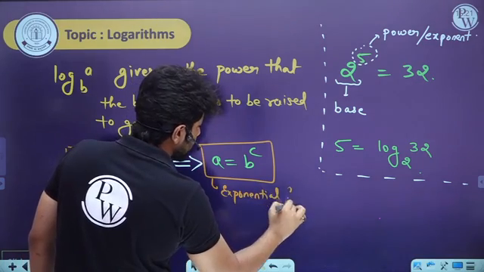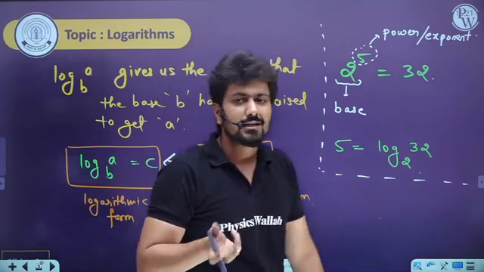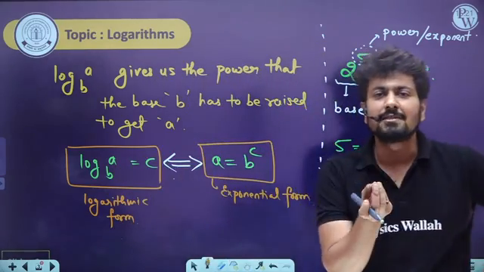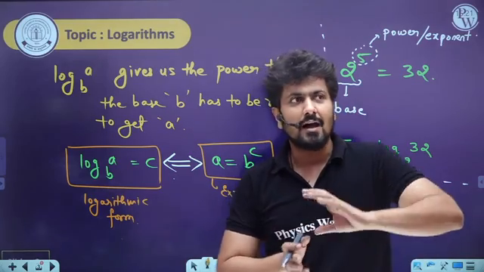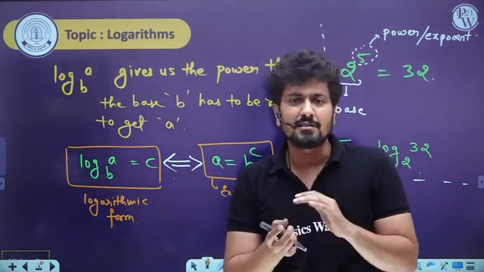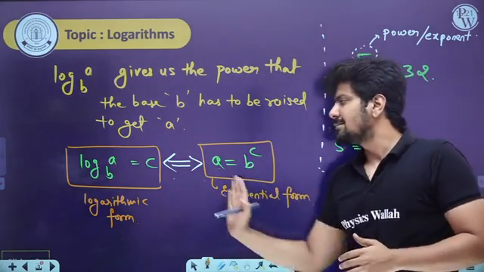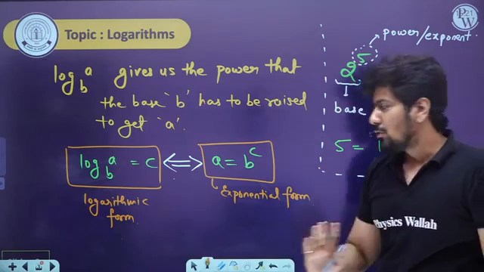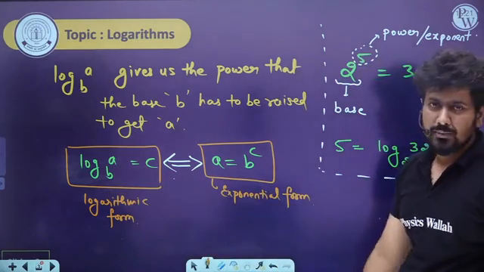Like you must have studied active voice and passive voice in English, right? We can say the same statement in active voice and passive voice, that Ram has done the work, or the work has been done by Ram. The same statement, but we are saying it in different formats. In the similar way, these two statements are the same. Log of a to the base b is equal to c means that a is equal to b raised to the power c.